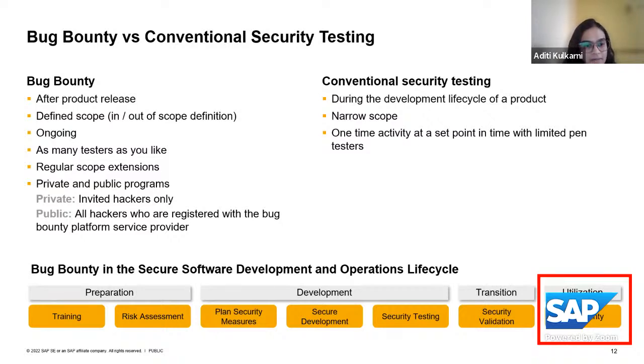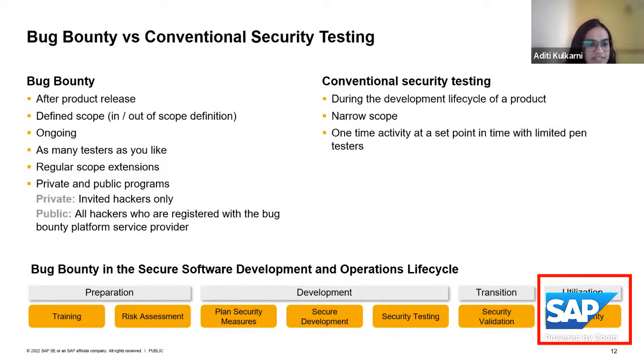Whereas in public bug bounty programs, if some vendor wants to have a public bug bounty program, then all hackers who have registered on the service provider's platform would be able to access that application to test, right? So this is also a decision one can make.